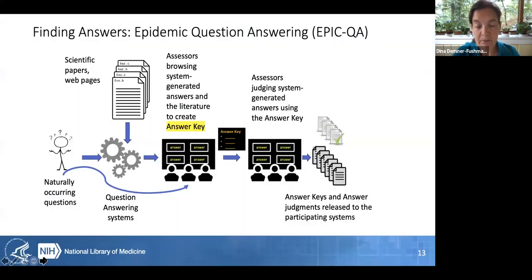So this is a very involved description of the process, and then I will go over some steps in details.